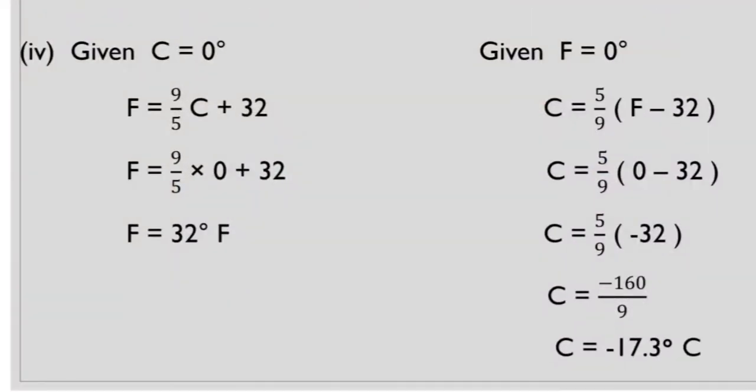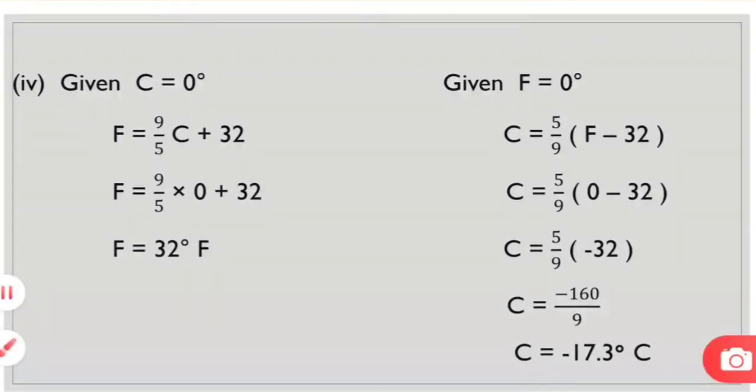Question number 4. Now we have to find that if the temperature in Celsius is 0 degree, what will be the temperature in Fahrenheit? And similarly vice versa, if the temperature in Fahrenheit is 0 degree, what will be the temperature in Celsius? So let's first find out the Fahrenheit when C is 0.